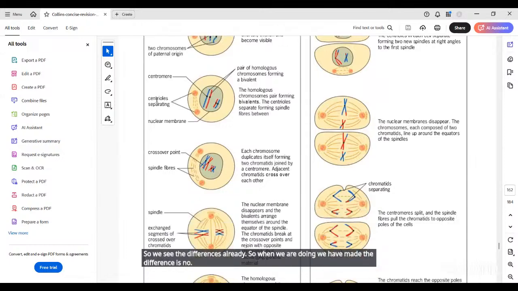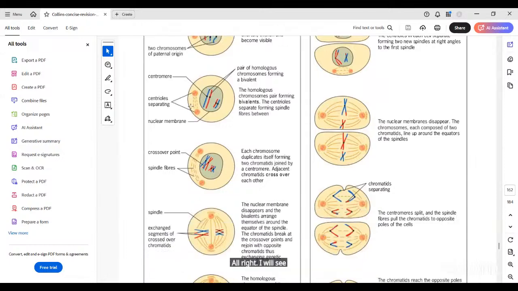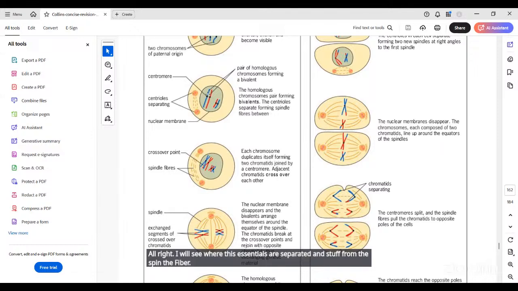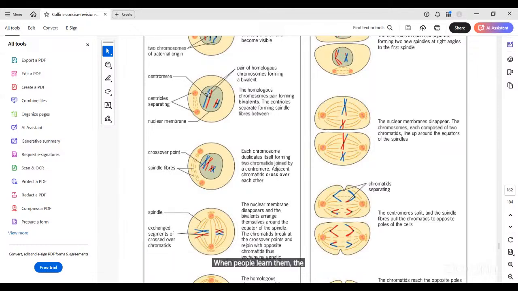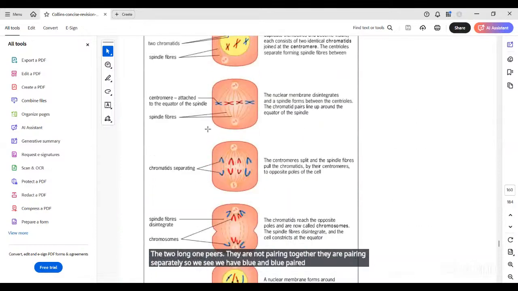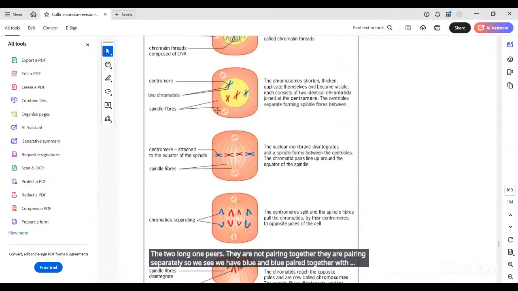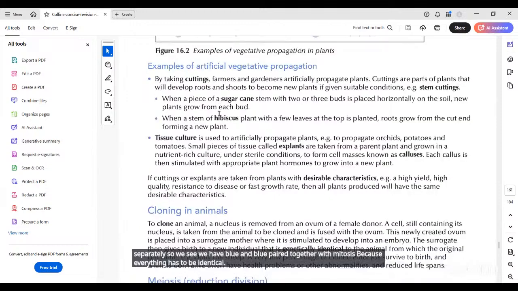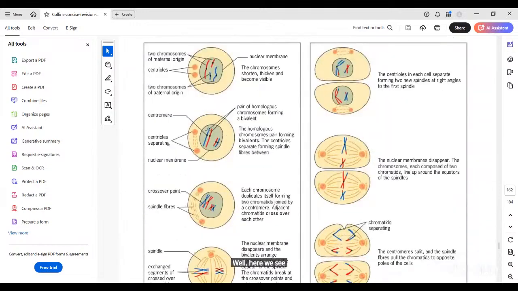We see where the centrioles separate and start to form the spindle fibers. Here the two long ones are not pairing together, they are pairing separately. In mitosis, blue and blue pair together because everything has to be identical. But here they are paired by length and not by color. You see that?